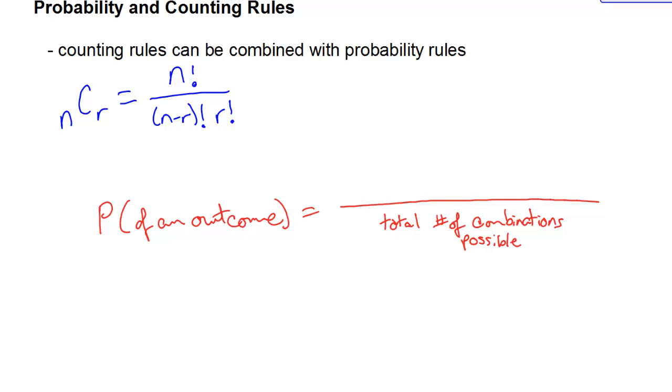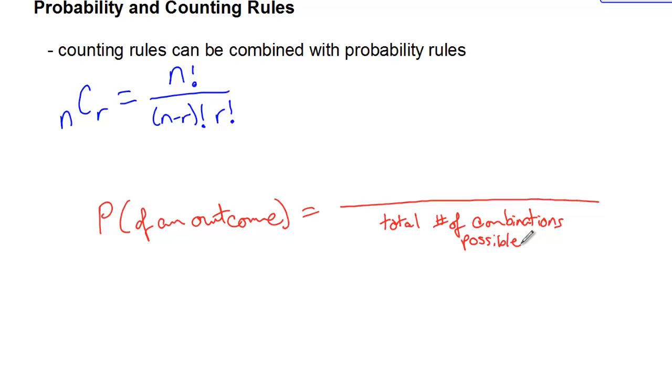On the numerator, we're going to look at how the group is divided up. Meaning, are we looking at men and women? Are we looking at colors? And how many of each item are we choosing? How many men are we choosing? How many women are we choosing?